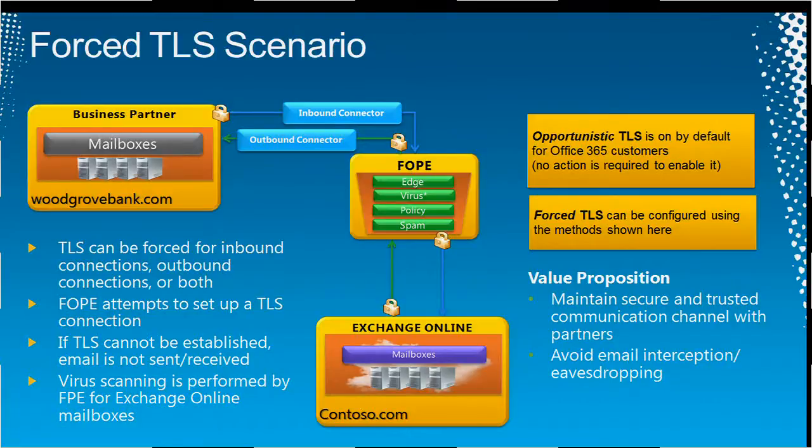In this case, opportunistic TLS is on by default, but if the customer chooses to enforce forced TLS and reject email if forced TLS is not established, we can set up 2 connectors, inbound and outbound, and force TLS on either one of them, and choose to reject messages if the connection is not secure.